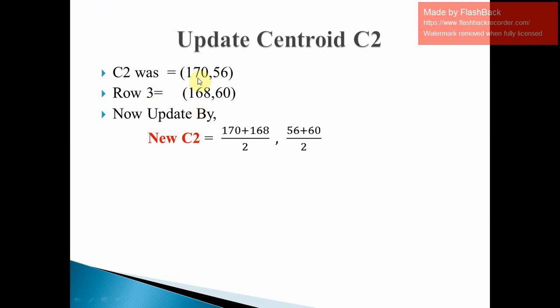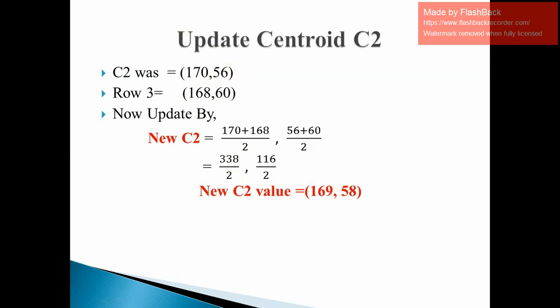So it is updated by 170, that is the height of the centroid, plus row 3, 168, divided by 2, and 56 plus 60 divided by 2. By performing the calculation, we get 338 divided by 2, 116 divided by 2. So the new C2 value will be 169, 58.